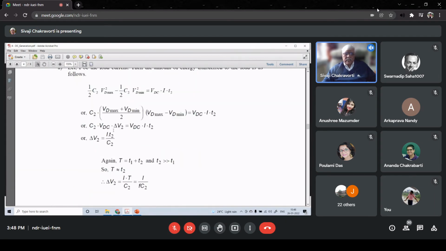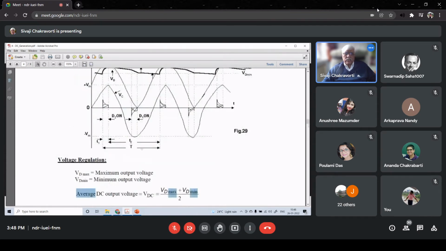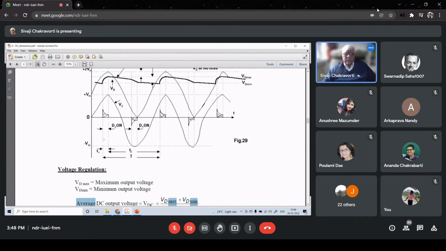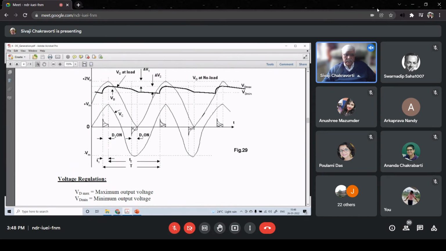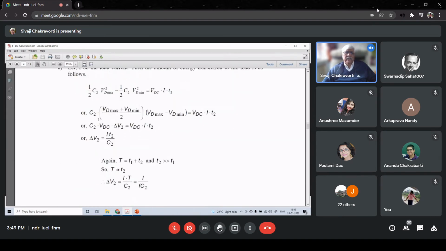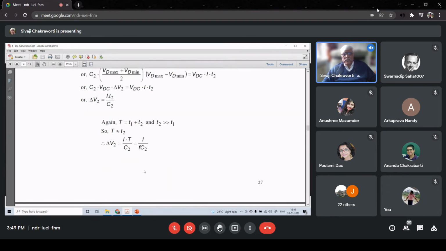So if you do the algebra, you will find that del V2 is I, where I is the DC load current, times T2 by C2. Now since T2 is almost equal to T, the time period, because T1, the time when capacitor C2 is charged, is only for about, say, maximum 10 angular degrees, we can take T2 is equal to T so that it can be correlated to f.